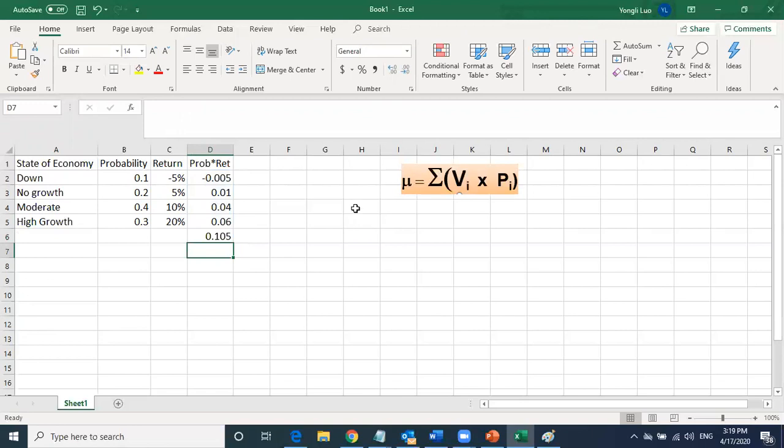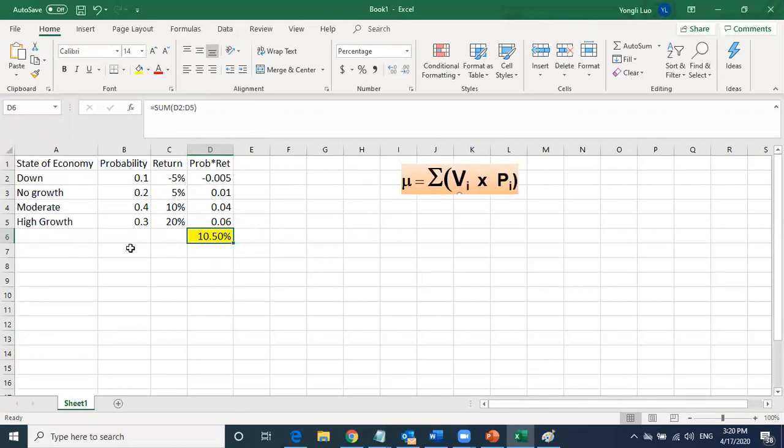You click enter, and your expected return is 0.105. So you change it to percent. It's 10.5%. That's your expected return. Any questions?